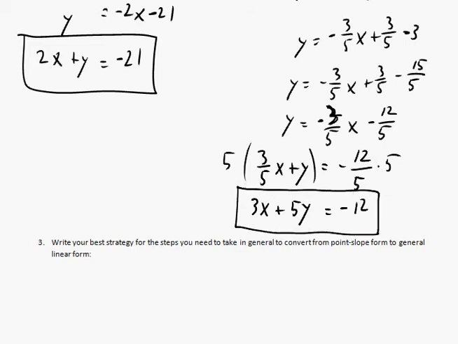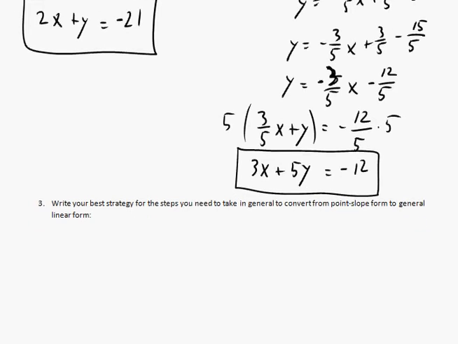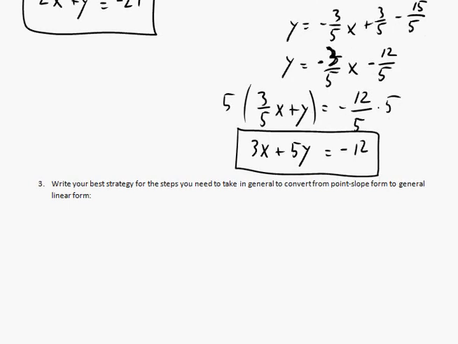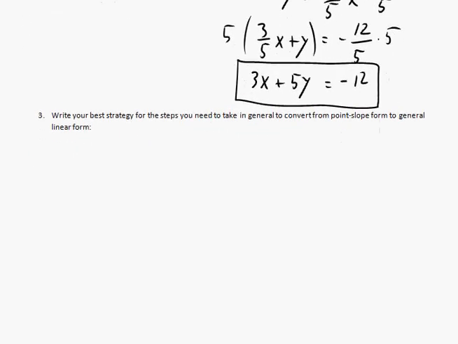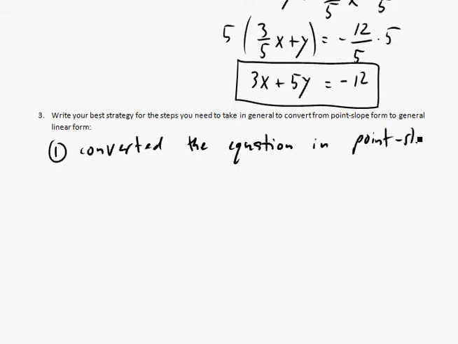So, now let's write a strategy for the steps you need to take in general to convert from point-slope form to general linear form. You should have noticed in the last two problems, the first thing we did was we converted the equation in point-slope form to slope-intercept form.